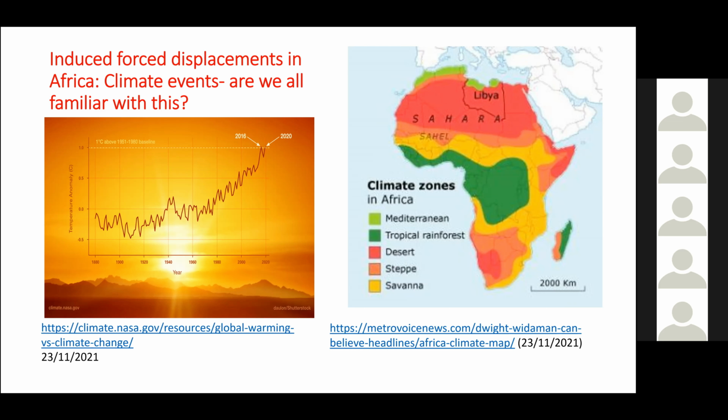Thank you. Are we all familiar with this? Yeah, climate zones in Africa: Mediterranean, tropical rainforest, desert, steppe, savanna. Yes, I'm familiar with this graph. So what does it mean?